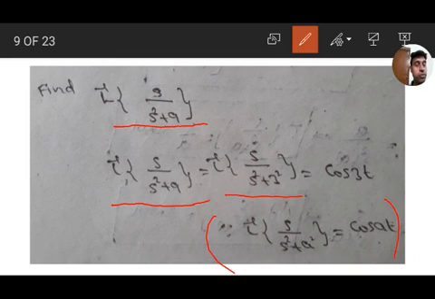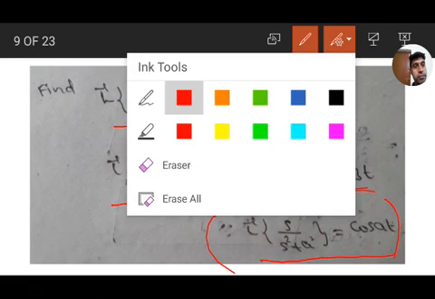L inverse of s by s square plus a square equals cos at. a means here s by s square plus 3 square, a means what? 3. So cos 3t. The formula is cos at, a equals 3. Therefore it is cos 3t.